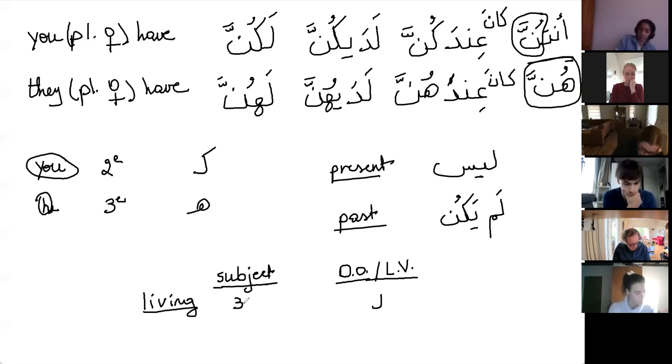For example, I have a house in Byblos. Then my direct object is non-living, so I can use ʿindī or ladayya, because what I have is a thing, an object.